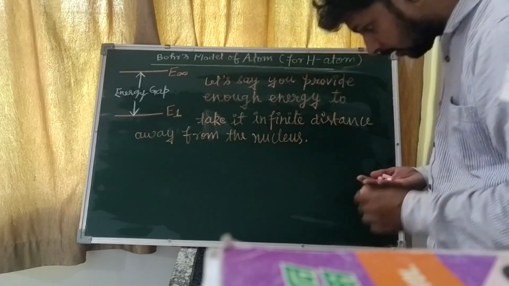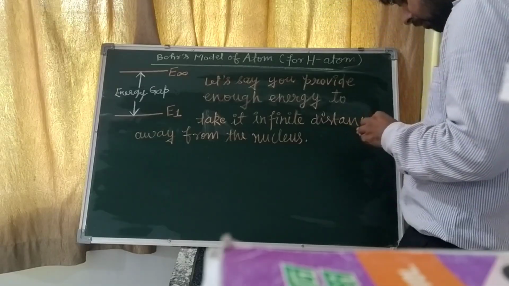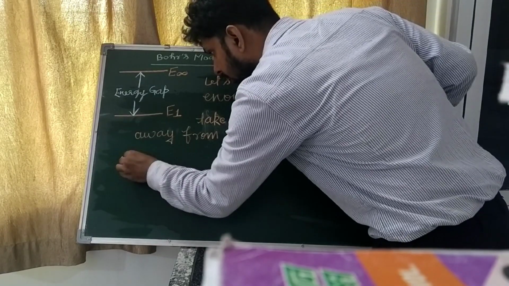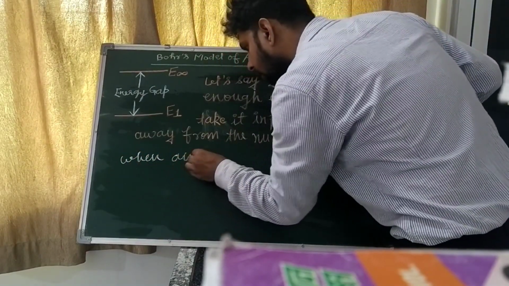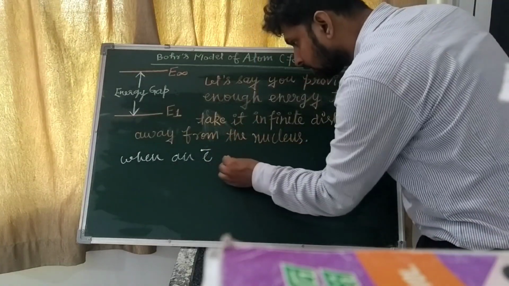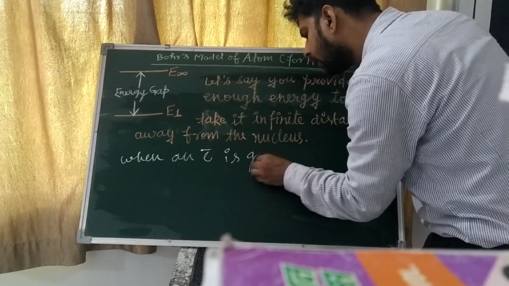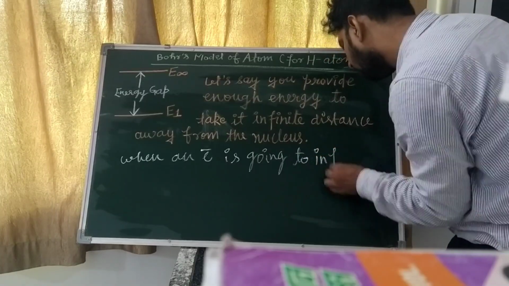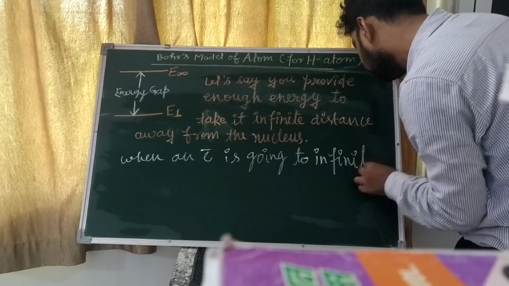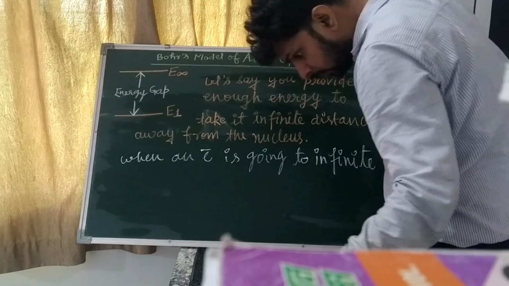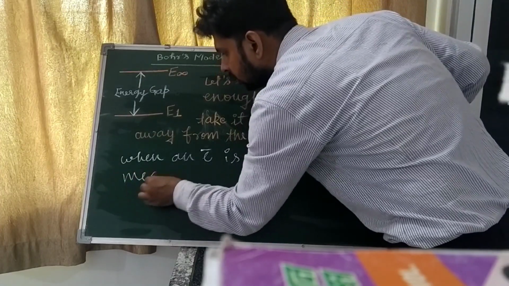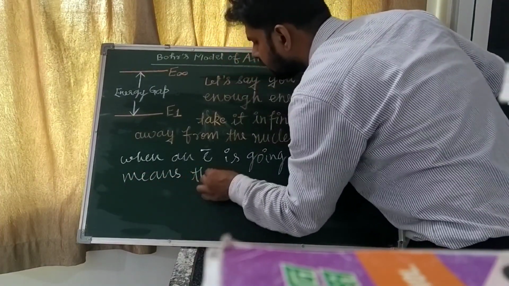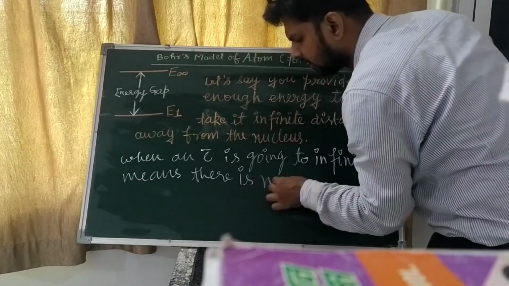Okay, so when an electron is going to infinite, it means there is no attractive force.